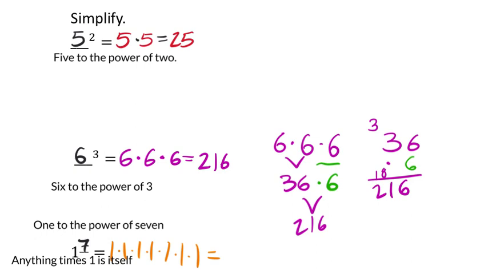I know I'm exposing how bad I am at typing, but I don't care, because I'm a math nerd. Nothing like that bothers me anymore. So anything times 1 is itself, including 1, by the way. So 1 times 1 would be 1. It's like one group of 1, it's still 1. And then another group of 1, still 1. And then another 1 times 1 is 1, times 1 is 1, times 1 is 1, times 1 is 1. And so the final answer here is just 1.